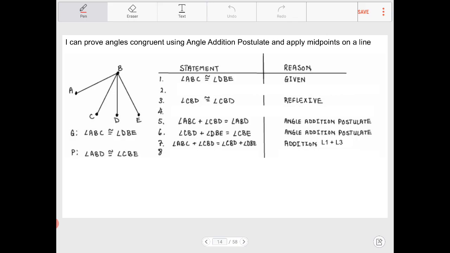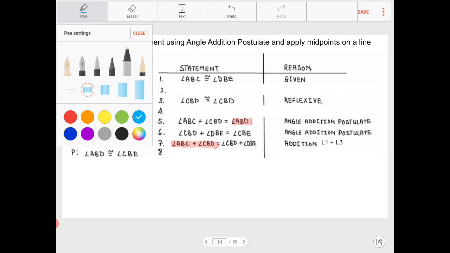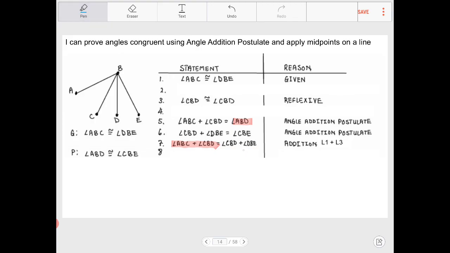The next step, if you look at this, and I'm going to use a highlighter now, since I know that ABC plus CBD is equivalent to ABD, I can make a substitution. I'm going to use another color. Since I know that CBD plus DBE is equal to CBE, I can make that substitution.